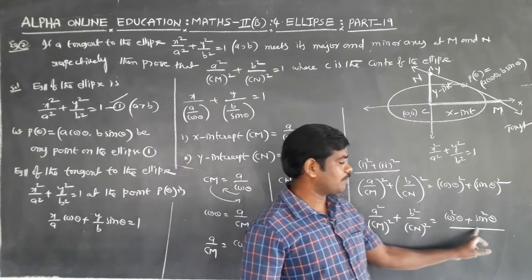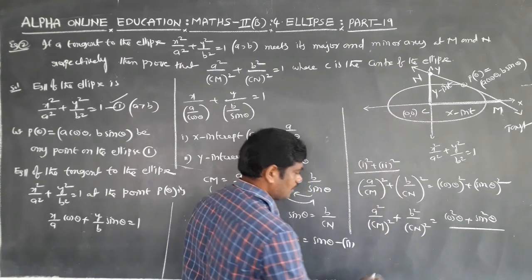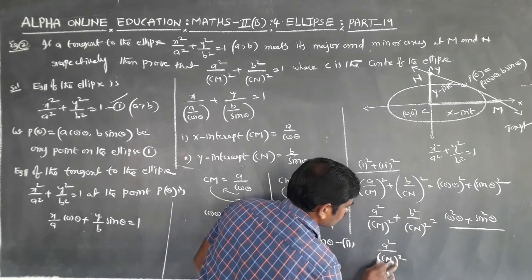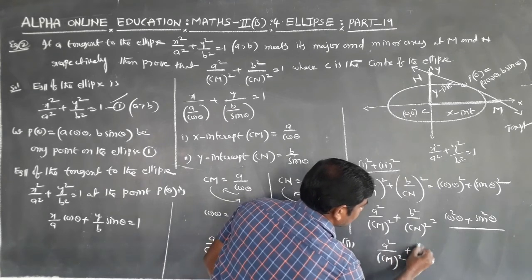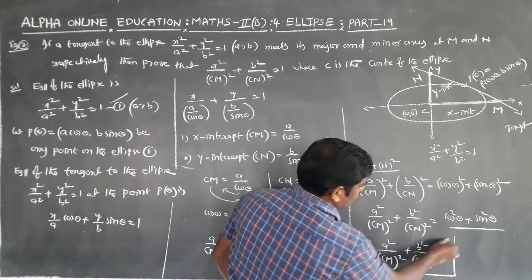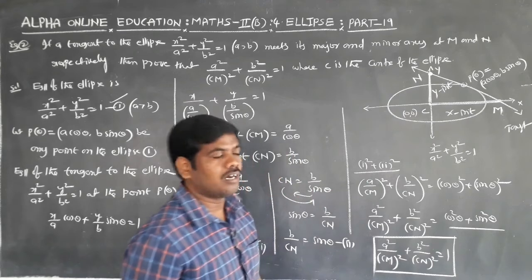Cos square theta plus sin square theta is equal to 1. So a square by CM square plus b square by CN square is equal to 1, which is the answer.